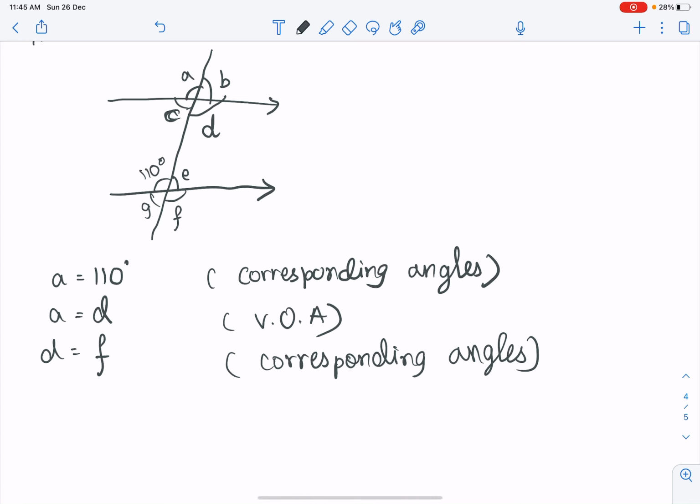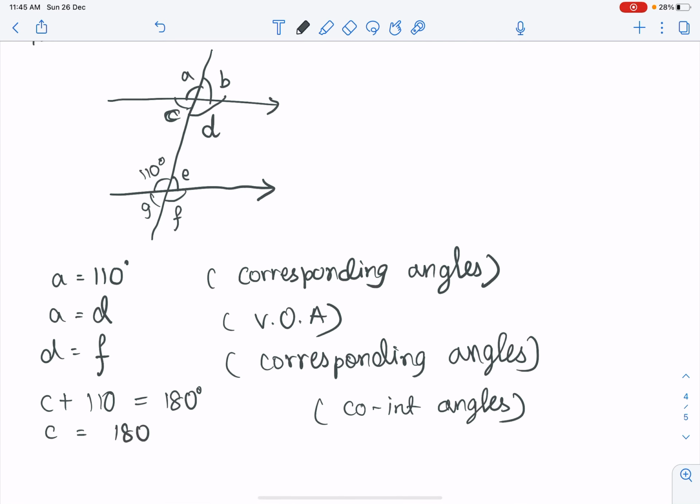Now C. Because of co-interior angles, C plus 110 should be equal to 180. Right or not? Yes. Now C will be equal to 180 minus 110, which is equal to 70 degrees.